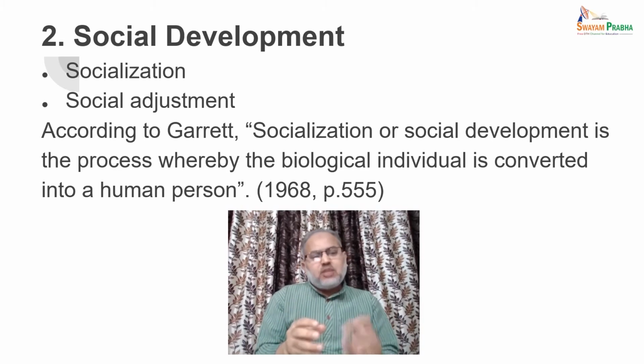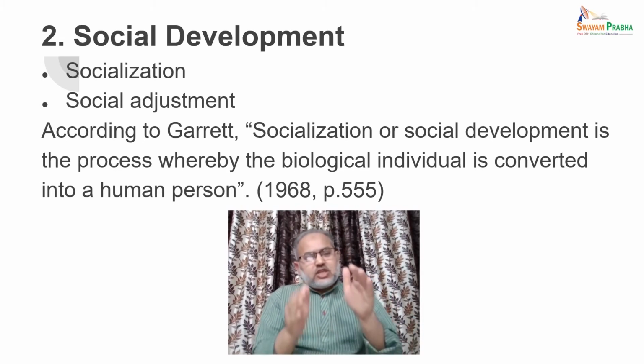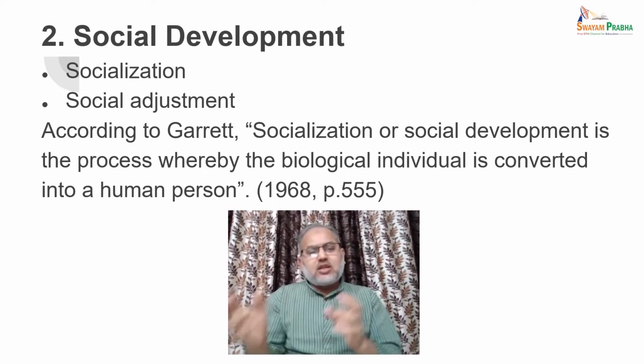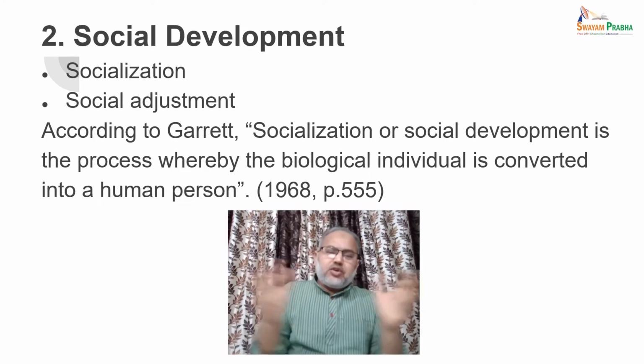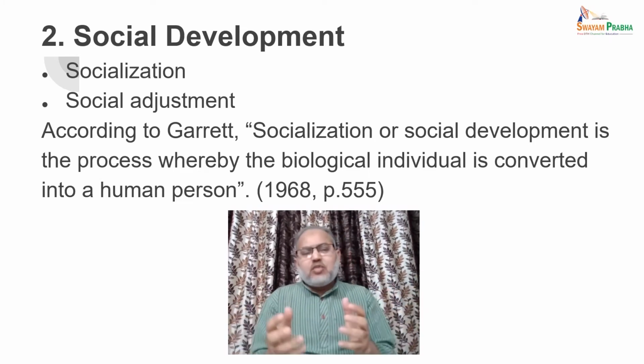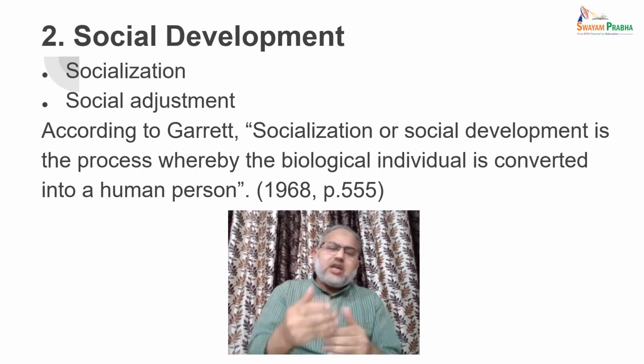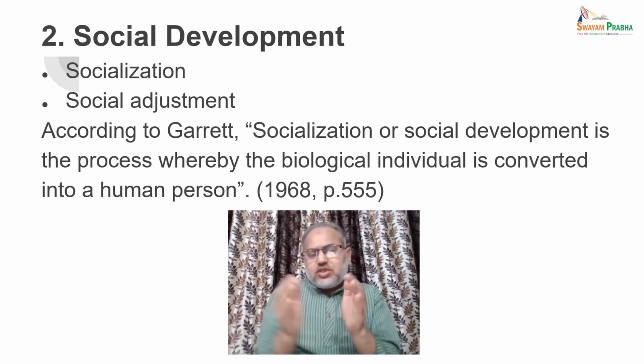The smallest child of the family, at the very earliest stage, used to think that father and mother and sister and brother and whatever commodities, whatever toys are there in the family, all belong to him only, and they don't want to share with other members of the family. So this is individual being.